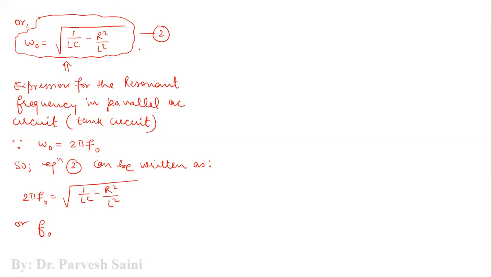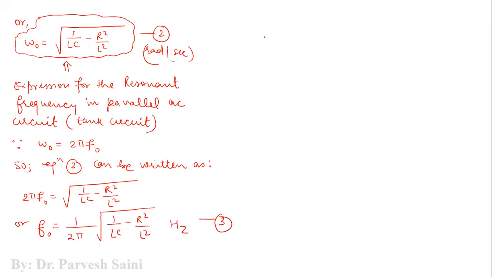Now omega naught is measured in radians per second, right? And f naught is measured in hertz. Let us say this is equation number 3.